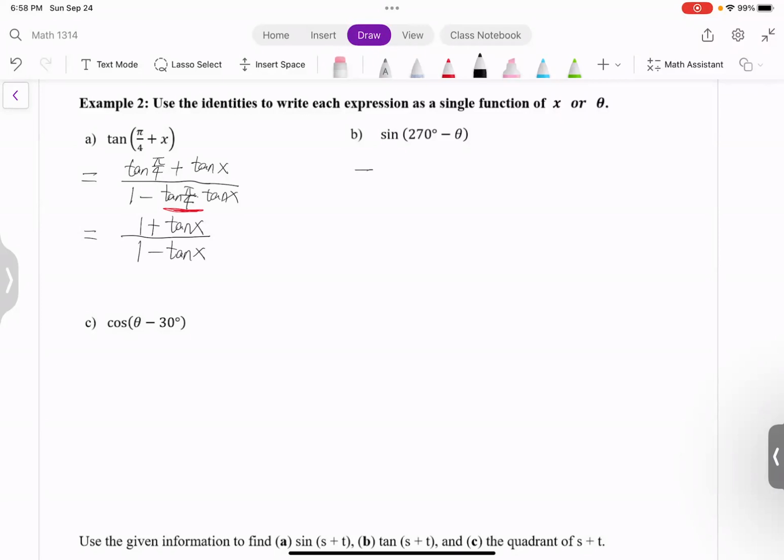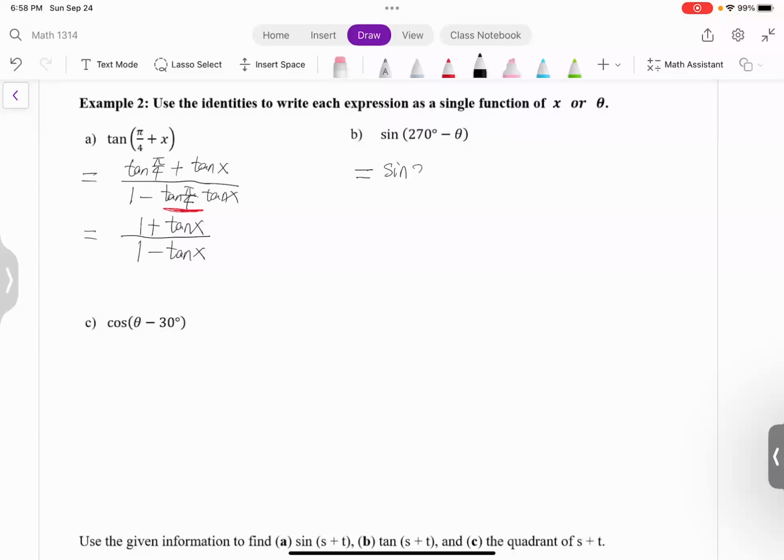All right, let's see the next one. So we are done with part A because we followed the instruction. Now use the identity to write the expression as a single function of x or theta. How do we separate the 270 degrees and theta? This is subtraction.